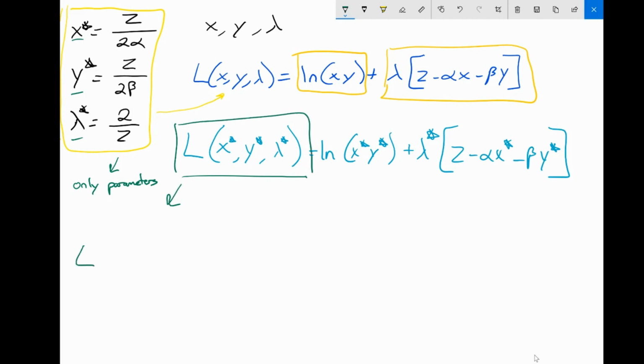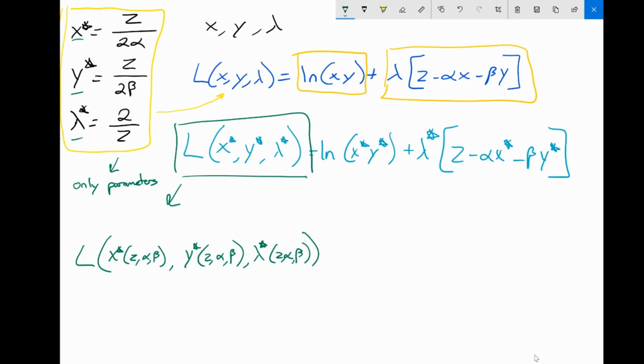I could write it this way: x star(z, alpha, beta), y star(z, alpha, beta), lambda star(z, alpha, beta). All right, it is a function only of the parameters.